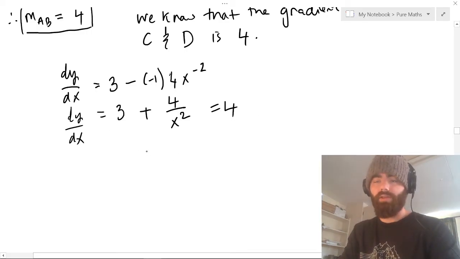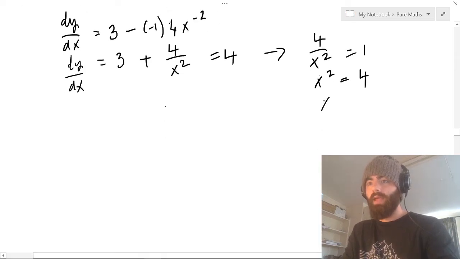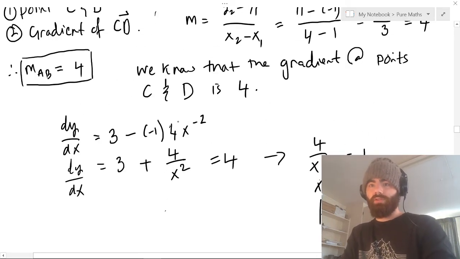And so if we solve this, we get 4 over x squared, take the 3 over, is 1. So then we get x squared equals 4, right? So we get x equals plus or minus 2. So then the x coordinates of C and D are 2 and minus 2 respectively.